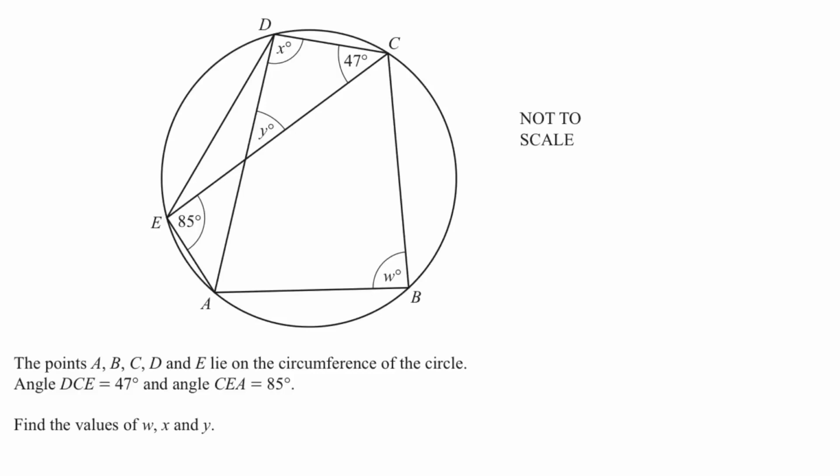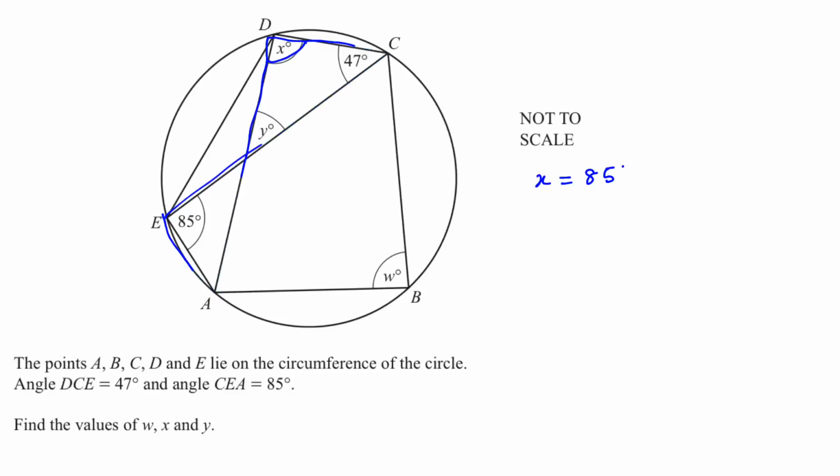The first thing you can see is that this angle here and this angle here, they start from the same place, A and C. Therefore, x is equal to 85. The reason being, angles in the same segment from a common chord are equal. So we found our x.